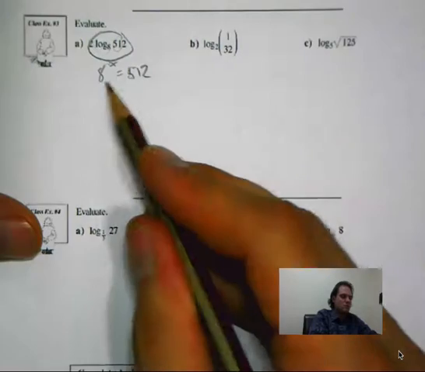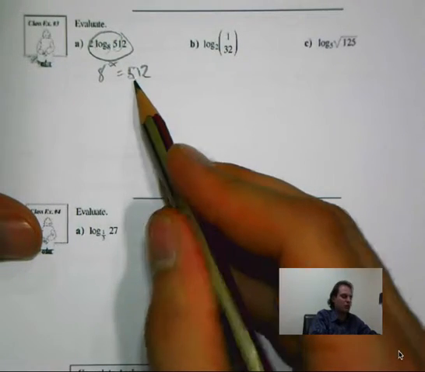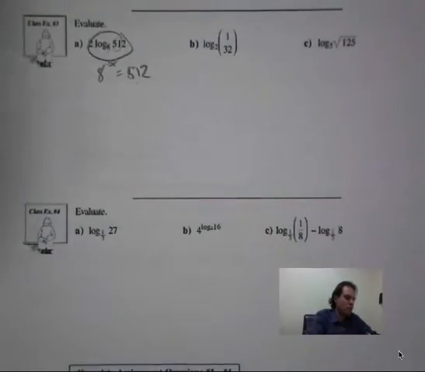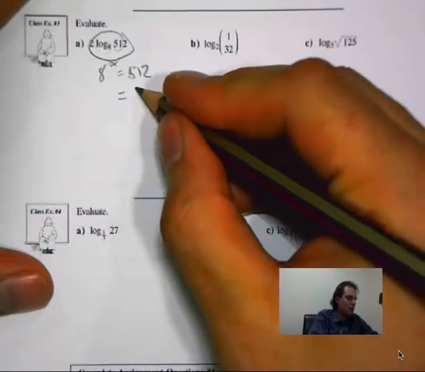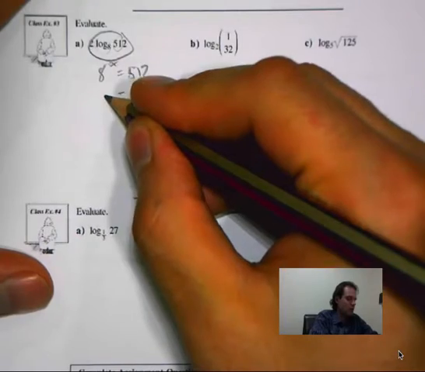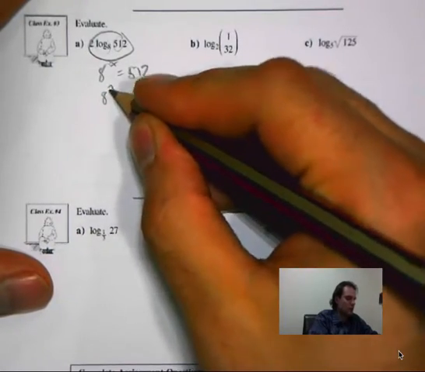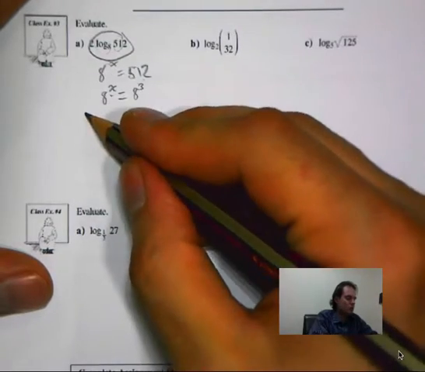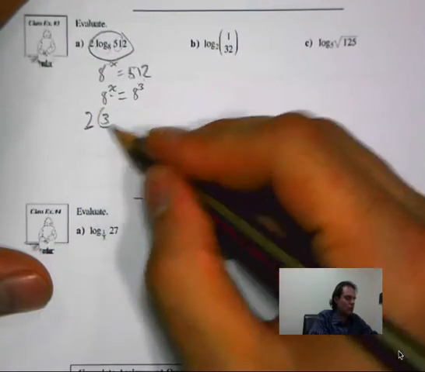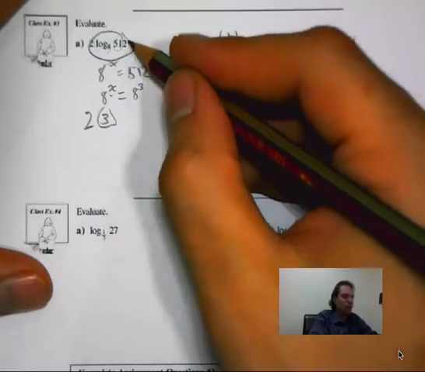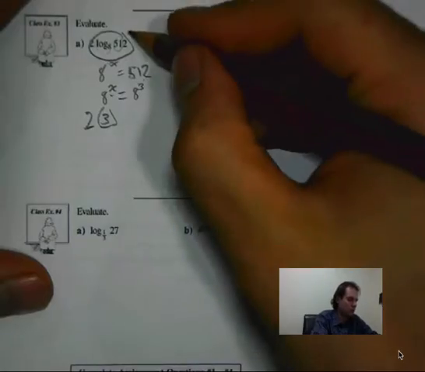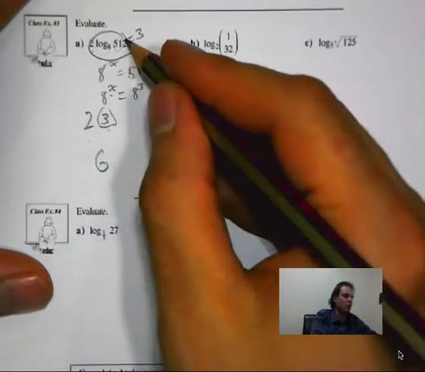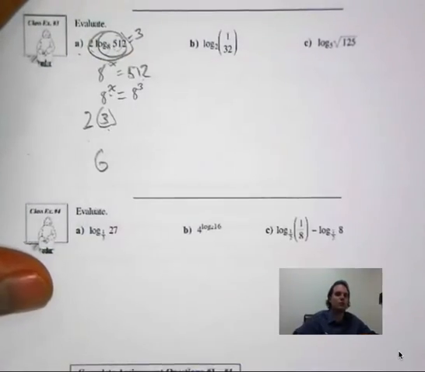Dividing on your calculator, 512 by 8 so many times, I'm going to end up getting 8 to the 3, and this is going to be 8 to the x. So x is 3. So log base 8 of 512 is equal to 3. This part here is just equal to 3. So 2 times 3 is 6, because we want to multiply whatever this value is by 2.